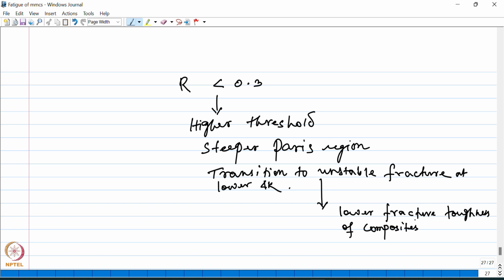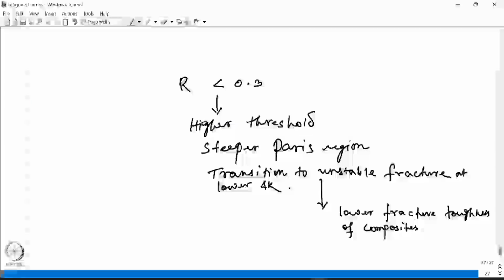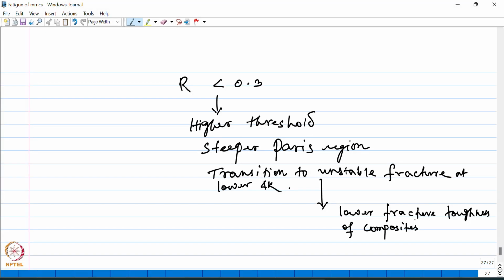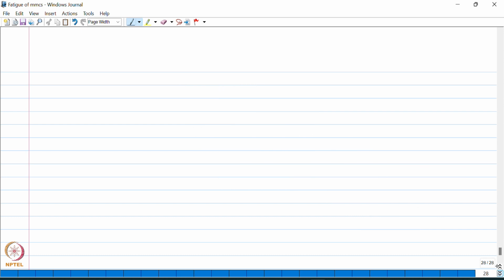But the behavior in the near threshold and mid-range regime is not that straightforward as far as metal matrix composites are concerned. Although it is difficult to categorize these observations, a majority of them will fall under one of these three categories when you talk about the fatigue crack growth behavior in MMCs.